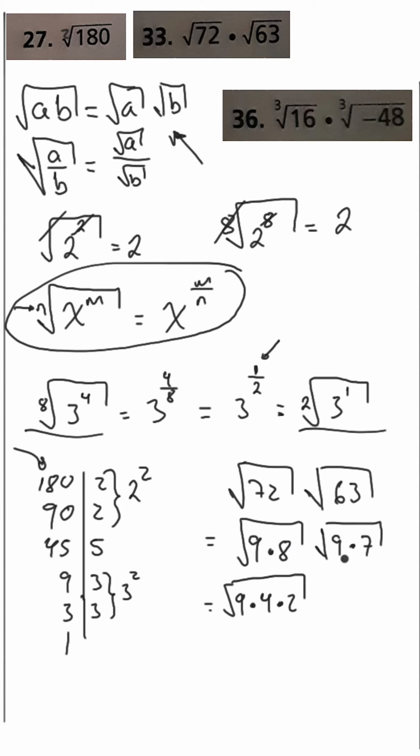So whenever I get all of this, remember that you can separate these square roots because on the inside, there's a multiplication, there's a product. So we can just write it like this: square root of 9, square root of 7. And we can also do this with the other part.